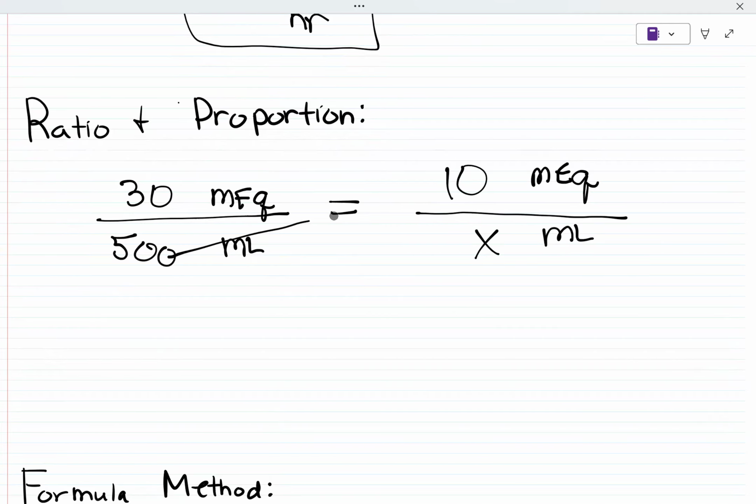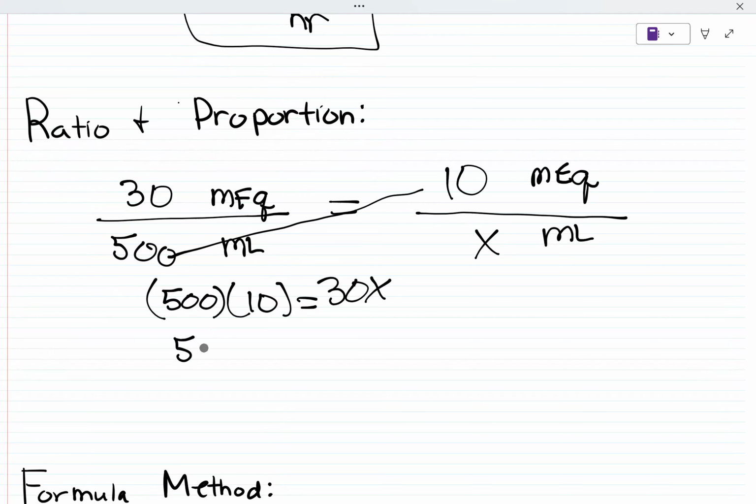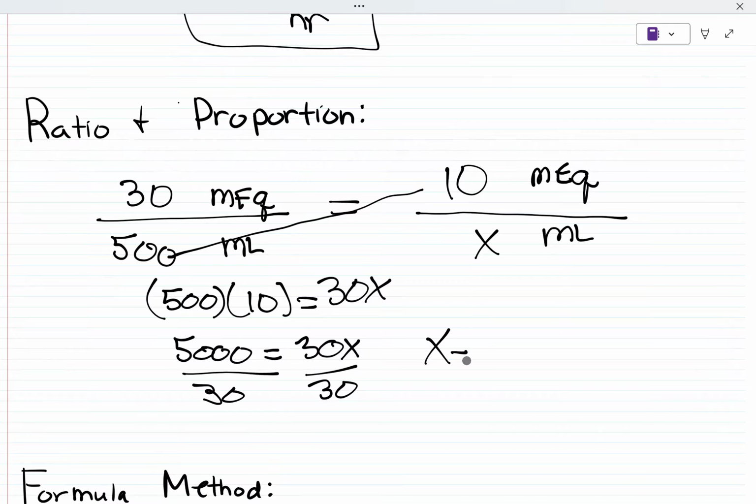Then cross multiply. So that's going to be 500 times 10 equals 30x. 500 times 10 is 5,000, which equals 30x, and then divide this by 30, and you get x equals 167 milliliters per 1 hour.